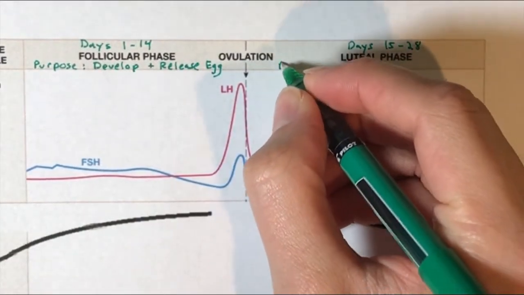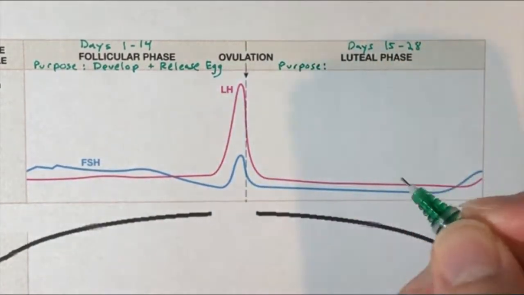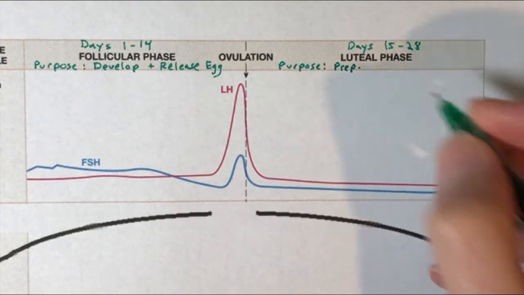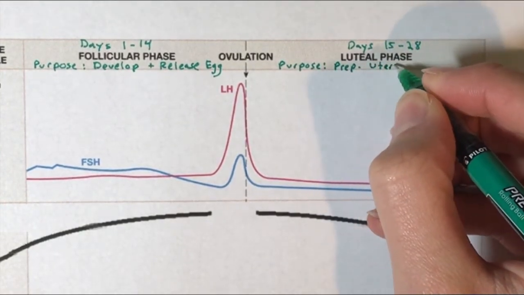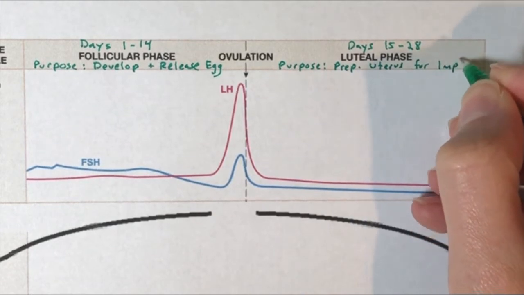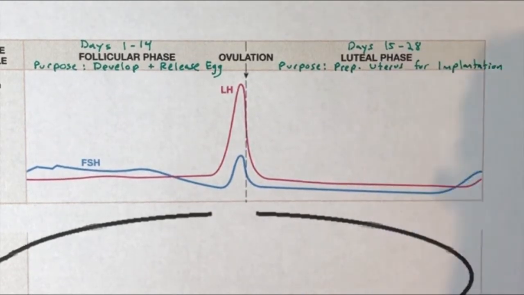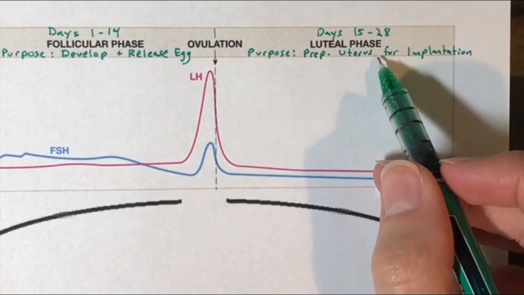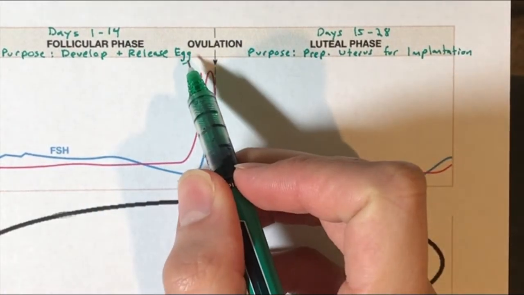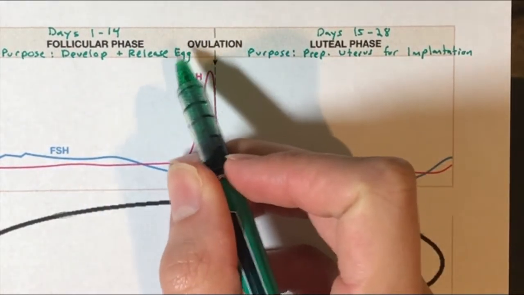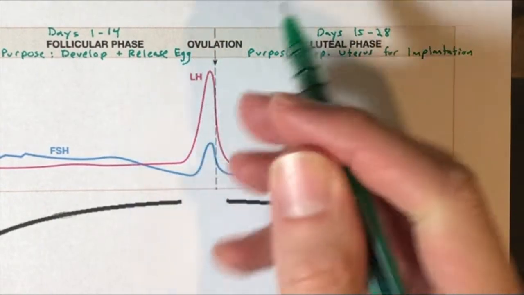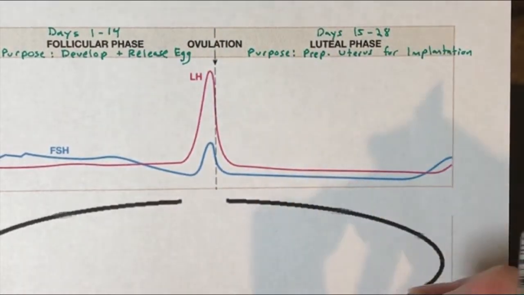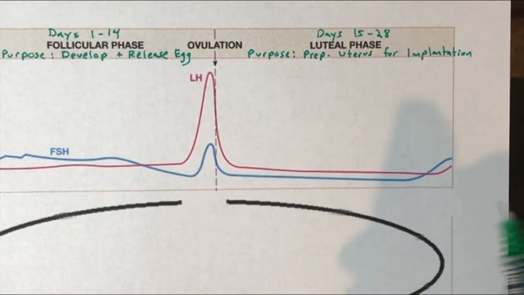During the luteal phase, its purpose is to prepare the uterus for implantation. What this means is that the luteal phase is going to help prepare the uterus for implantation from that egg that was released, which eventually would possibly get fertilized by sperm, and so that sperm and egg combination, the embryo, is going to maybe implant in the uterus.